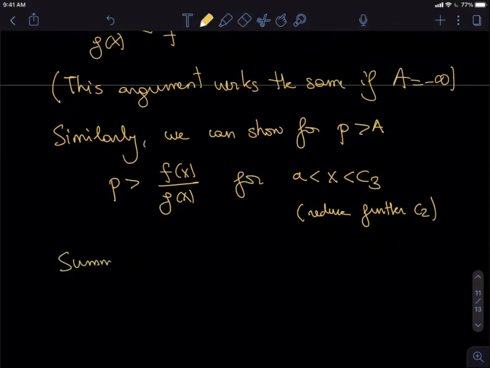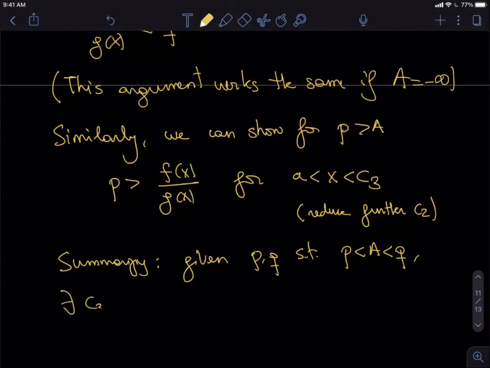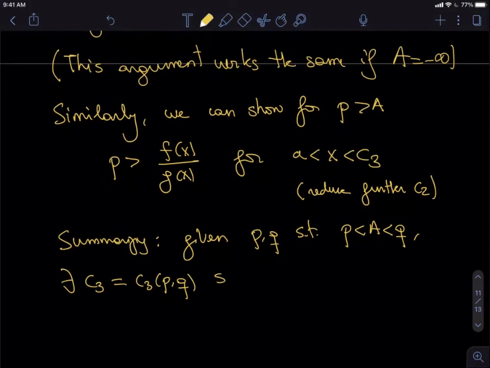Okay, summarizing, what we have here is that given P, Q such that A is in between P and Q, there exists C3, which is a function, well, it depends on P and Q, okay, such that the quotient fx divided by gx is in between P and Q also.